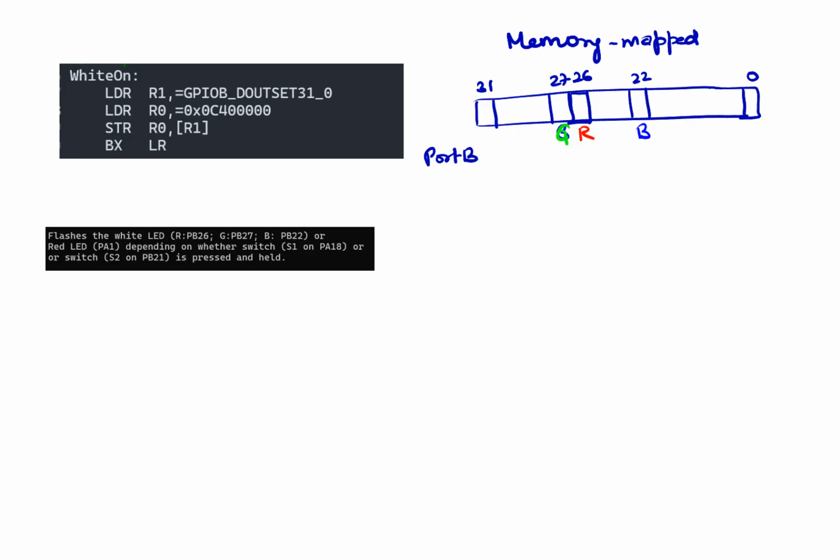So those three LEDs are packed together in one spot, and there's a data register called GPIOB_DOUT31_0. If I were to write a 1 here, a 1 here, and a 1 here, then writing 111 is going to produce a white light, because I'm turning on all three of them.